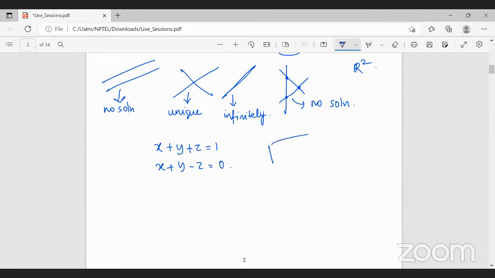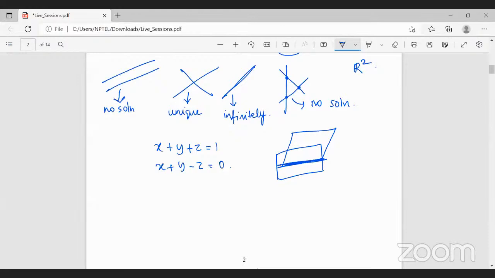If the planes are parallel to each other, then there is no solution. I'm drawing in 3D, so assume this is parallel. If they are parallel, there is no solution. But if they intersect, will they intersect at exactly one point? No, they will intersect at a line. So when they intersect, it's along a line.